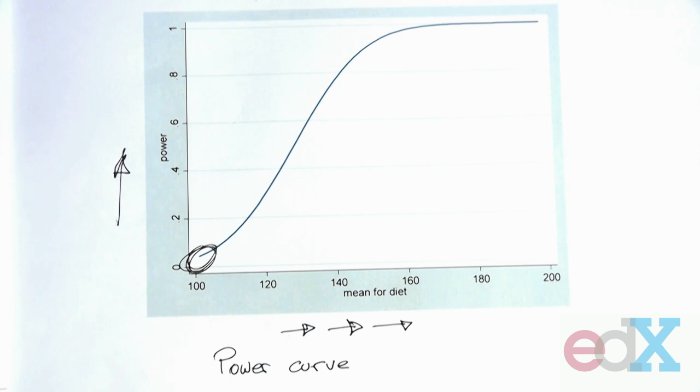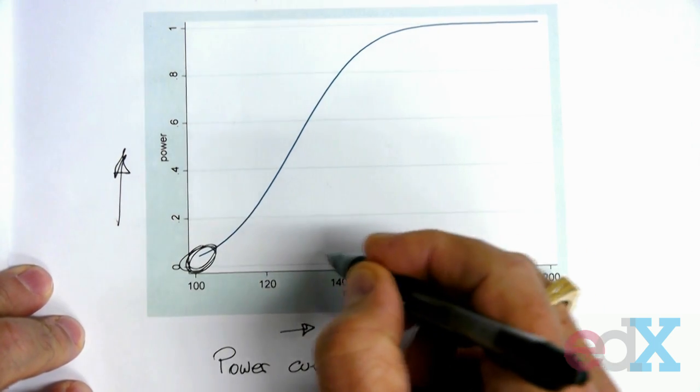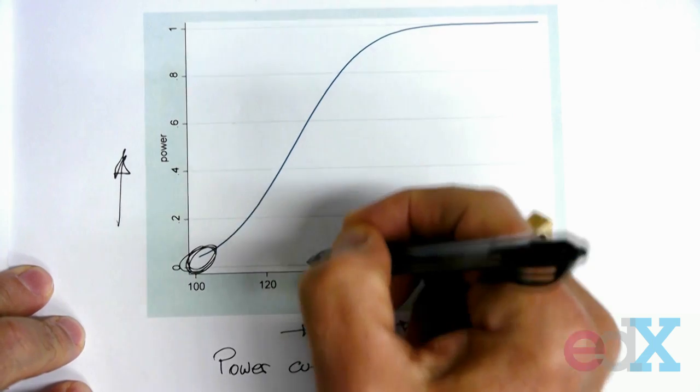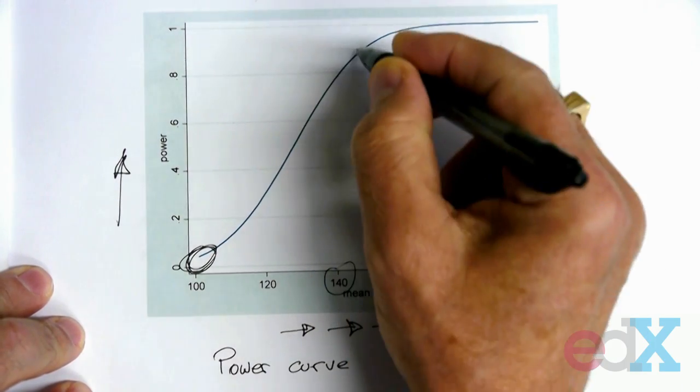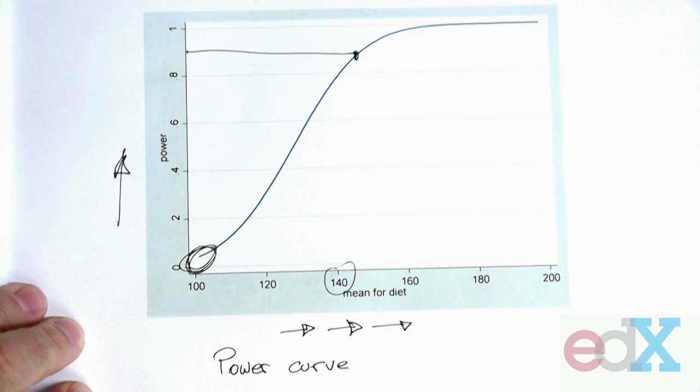So if the rat comes from a population whose mean is 140, we will have maybe a 90% power of detecting a rat on the heavier diet. Okay, so that's the power curve.